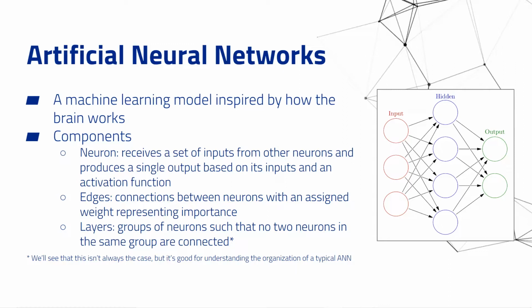So some other terms to know in this neural network, besides neuron, would be the edges. You can think of these as the arrows connecting from one layer of neurons to another layer of neurons. And these will be the connections between neurons with an assigned weight representing importance.